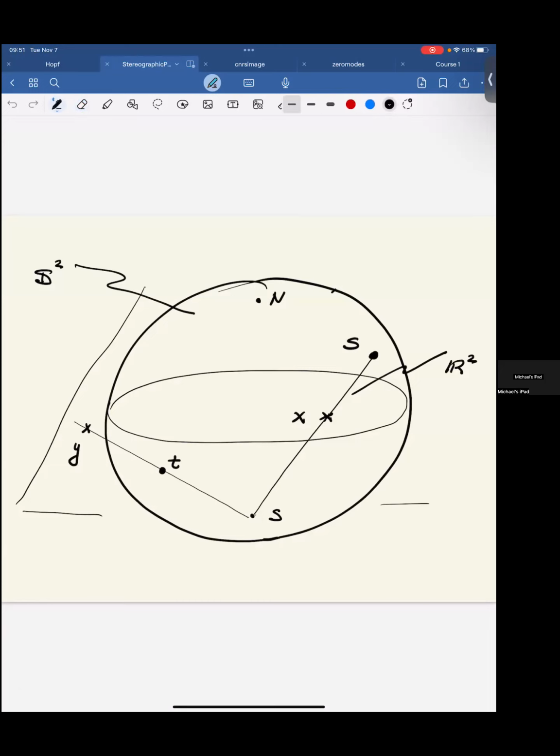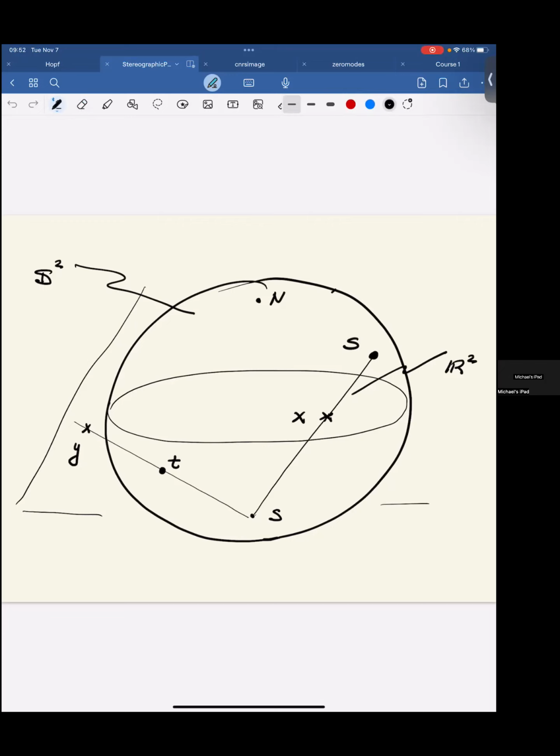And then you pick a point on the sphere and you connect it to the South Pole and you intersect this plane. You get a point. So this map from the sphere to the plane is called the stereographic projection. And this has nothing to do with dimensions. You can do this in any dimensions. So you get a map from S^D to R^D.